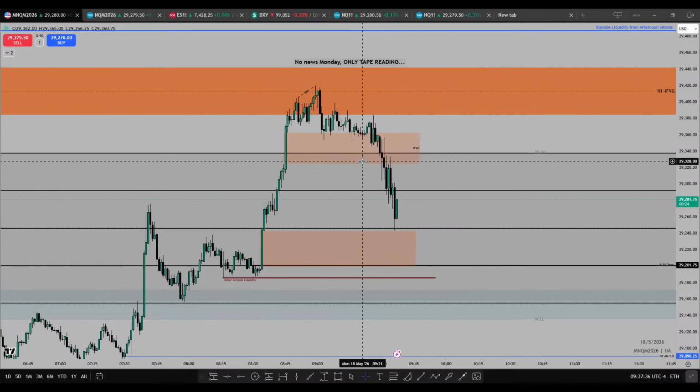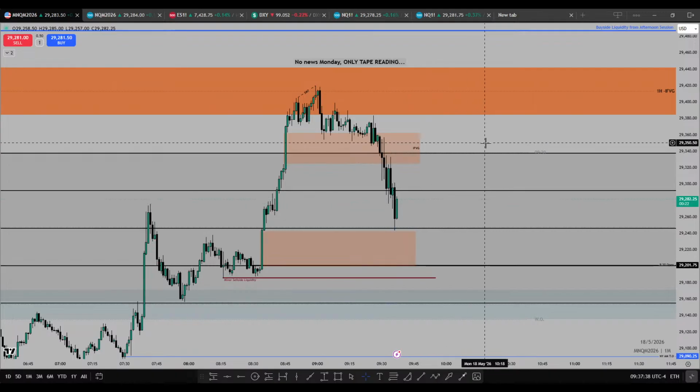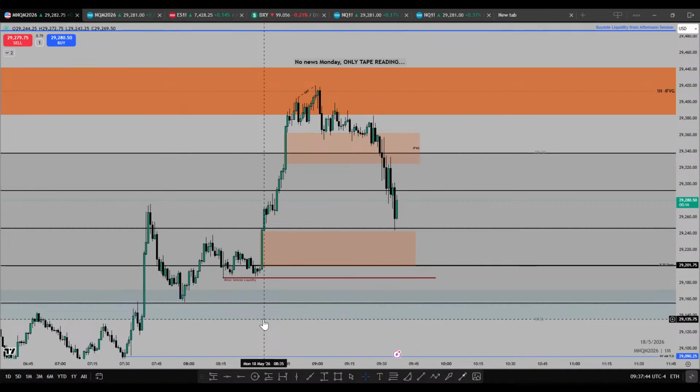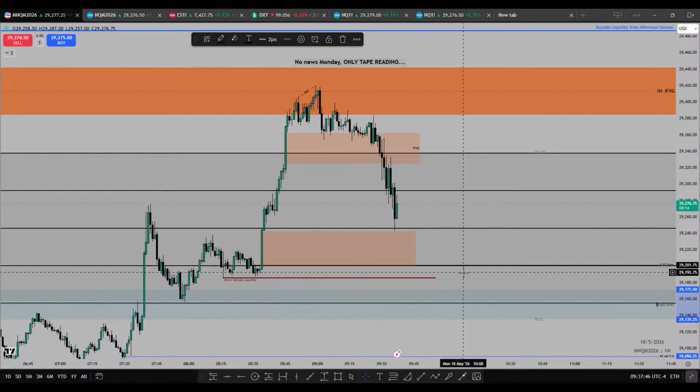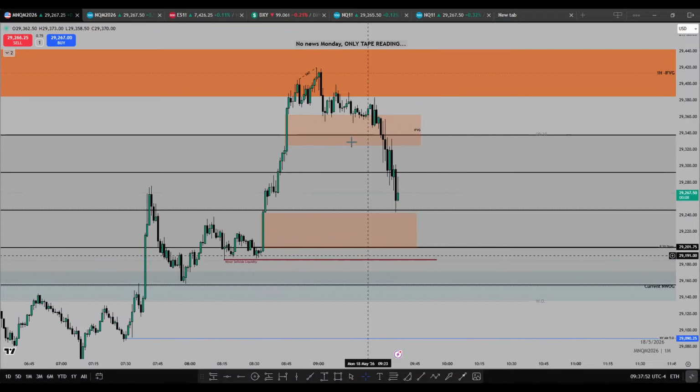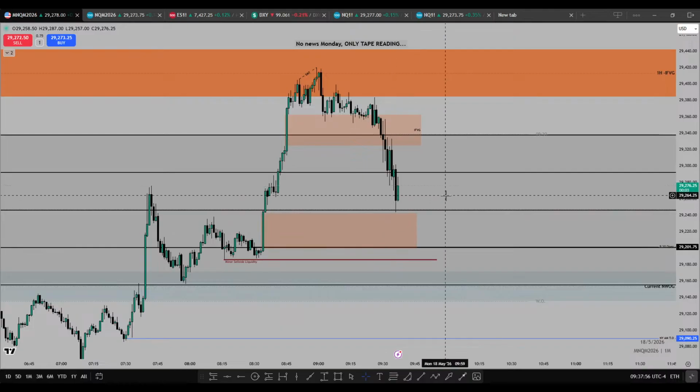I want a full gap closure today, man, and take out this sell side as well, and explore this box, which is our current NWOG. Explore this new week opening gap, that would be it. If I was trading, that would be my trade today, but I'm not trading, I'm not pushing buttons. I'm not interested in trading Monday today.